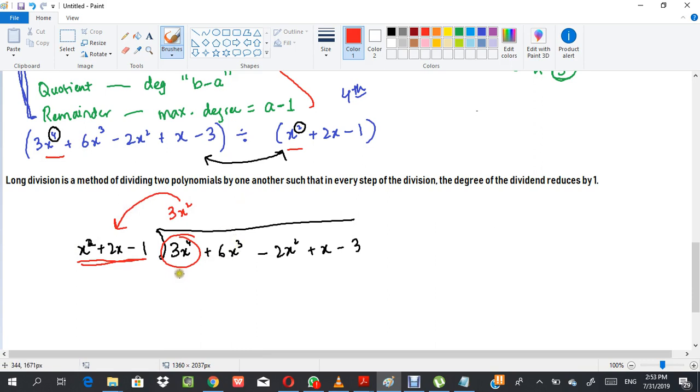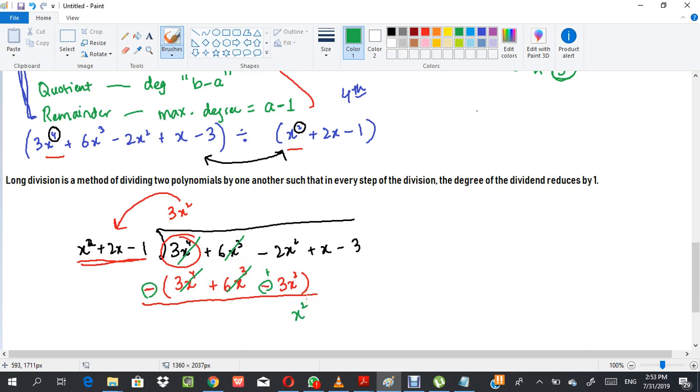What will I get? I'll get 3x to the power of 4, add 6x cubed, take away 3x squared, and now I will subtract. Now what happens is that this gets cancelled, this gets cancelled, this becomes plus because there's a minus here, there's a minus here, it becomes plus, and we have x squared.